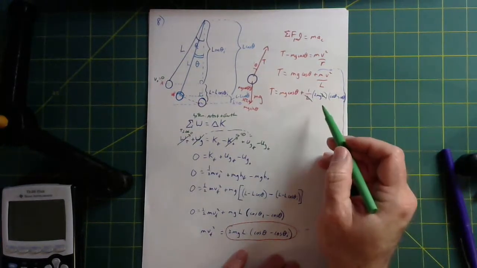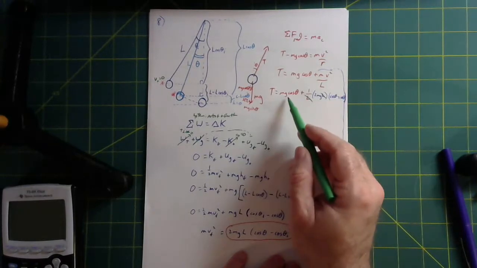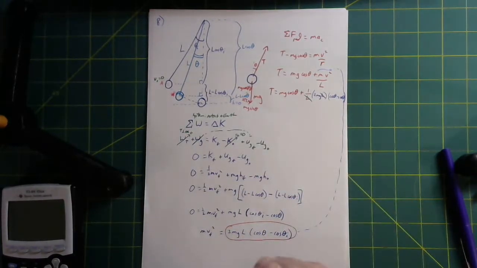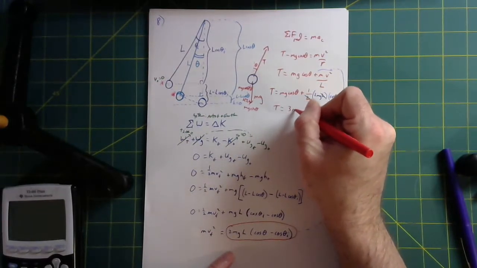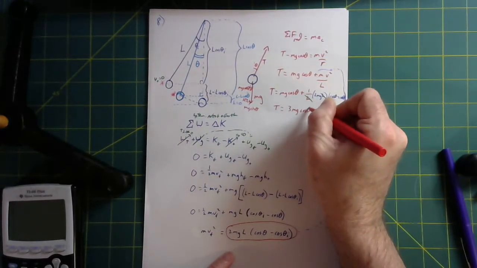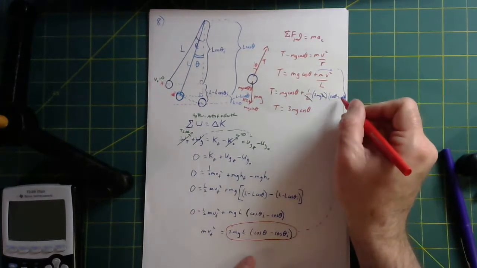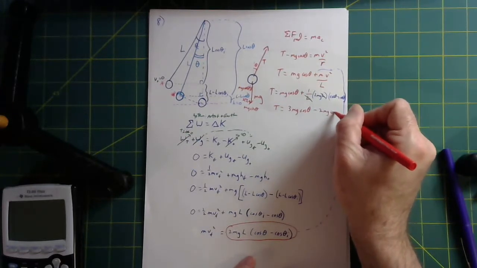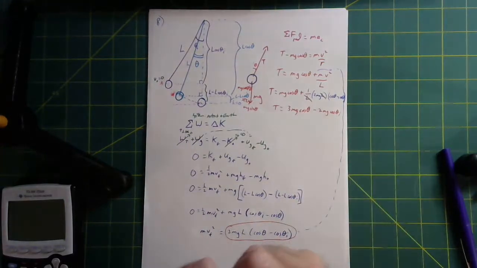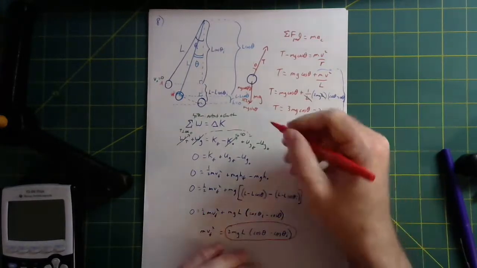That's sweet. Now look, distribute this 2 mg. I got 2 mg cosine theta. Here's another mg cosine theta. So that tension is going to be 3 mg cosine theta, and then I've got a 2 mg times cosine theta I, so minus 2 mg cosine theta I. I got an mg in both terms, so I'm going to factor that out.